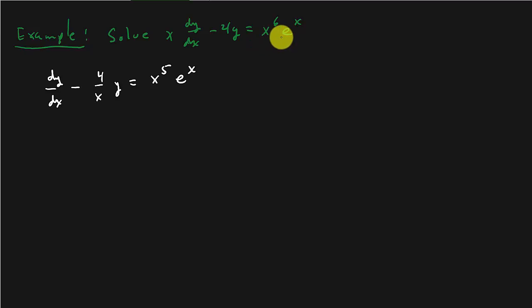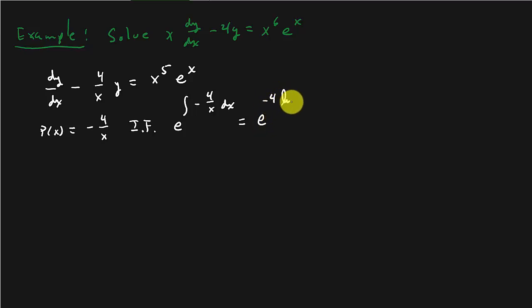Okay. And so now we've got p of x is equal to negative 4 over x. And then our integrating factor is e to the integral of negative 4 over x dx, which is equal to e to the negative 4 natural log of x, which is e to the natural log of x to the negative 4.